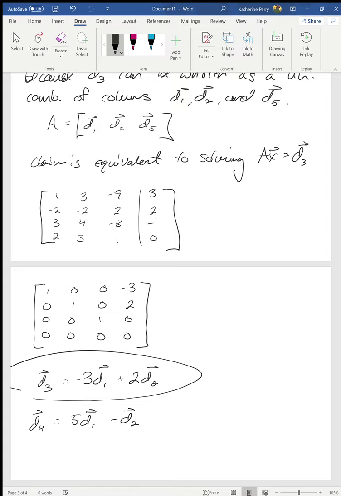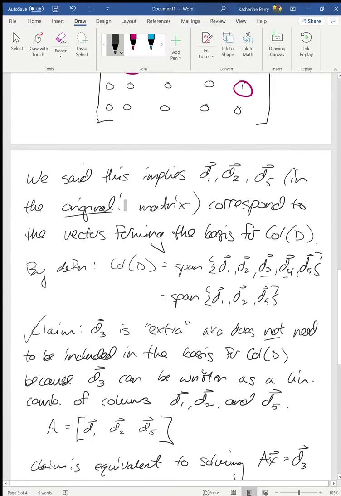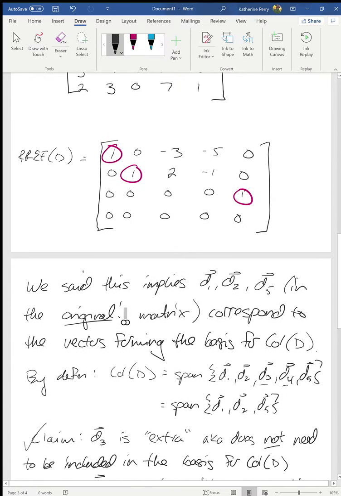And I'll scroll up here and point out that in our row reduced matrix, this is sort of where D3 was, and this is where D4 was, and it is not coincidence that I have the minus 3 and the 2 and the minus 5. And then, sorry, I think one of these should be a positive 5. Doesn't matter.